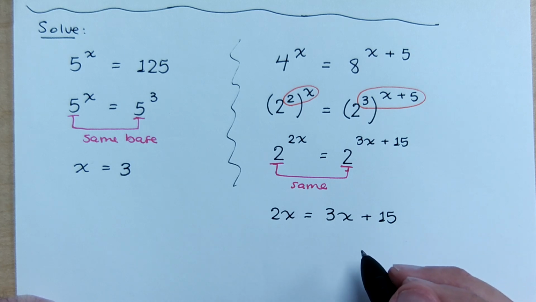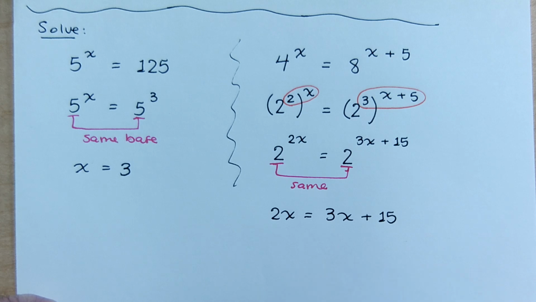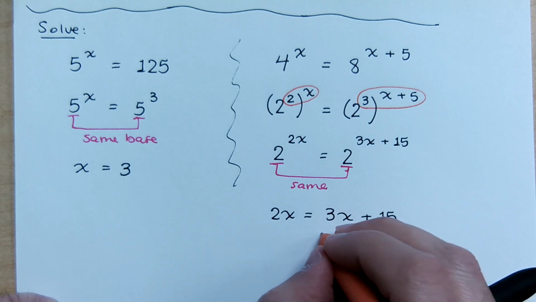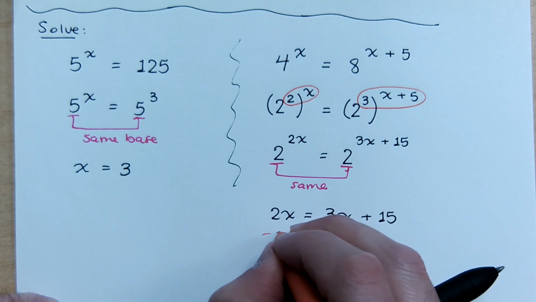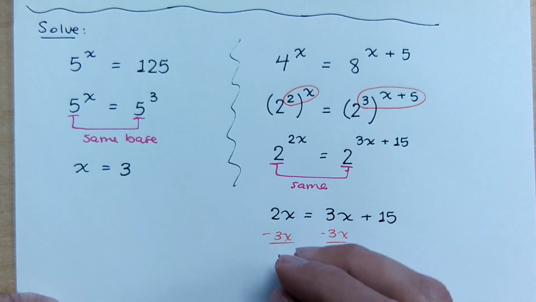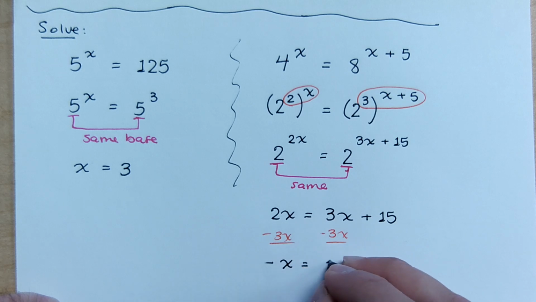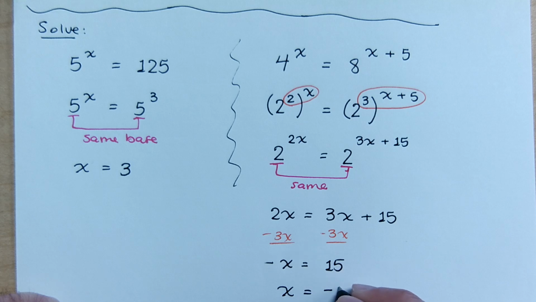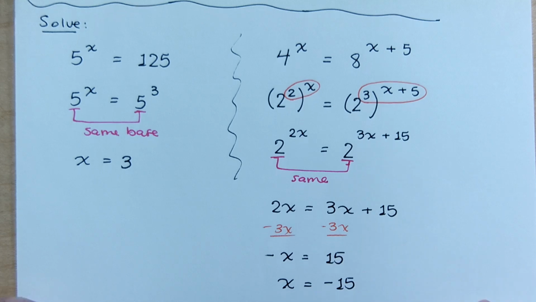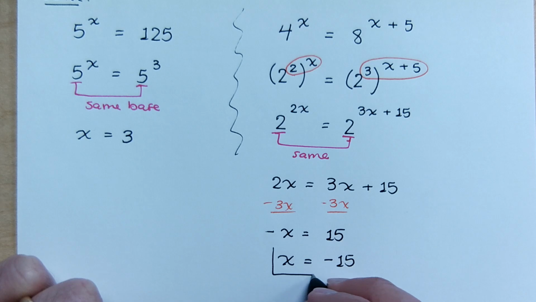I don't like leaving one side empty. I'm not saying that's wrong. What I would prefer to do is to move the 3x to the other side. So then negative x is equal to 15, which means that x equals what? x equals negative 15. And so that's the solution for this equation.